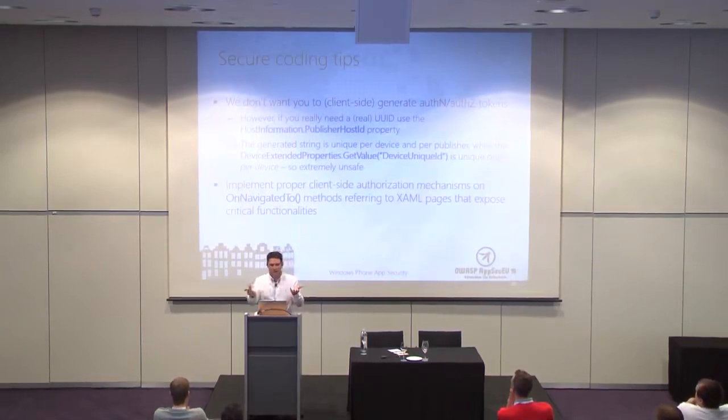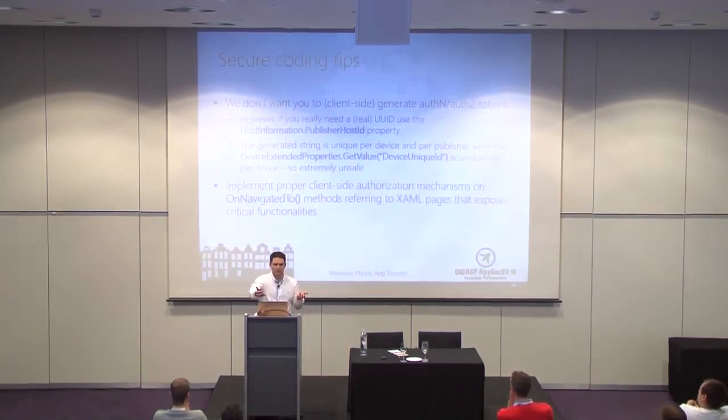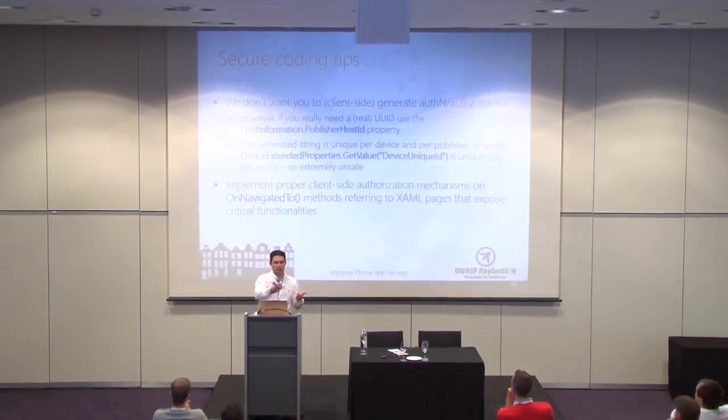And we also have another malware application on the same device. The malware application can just read the value of the unique per device string, and so it can forge the authentication. The application holds the authentication token, so it can just violate the authentication of the remote system.